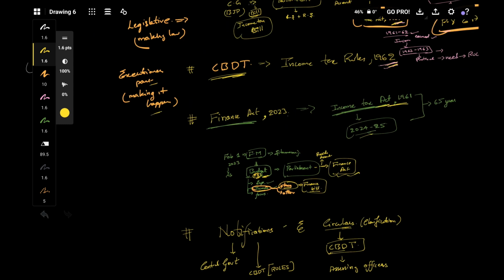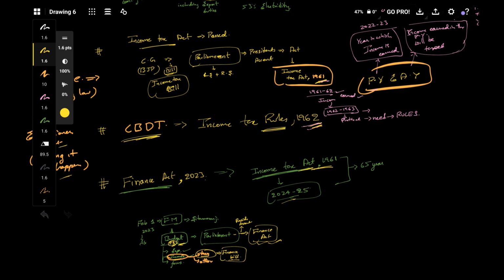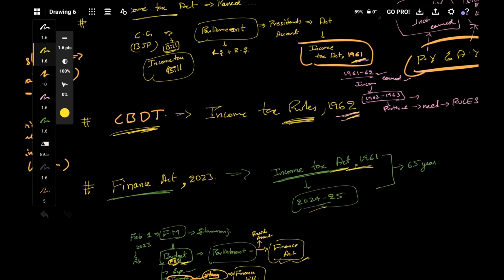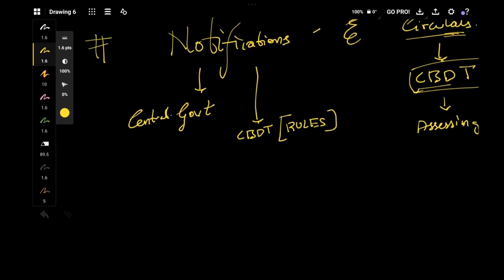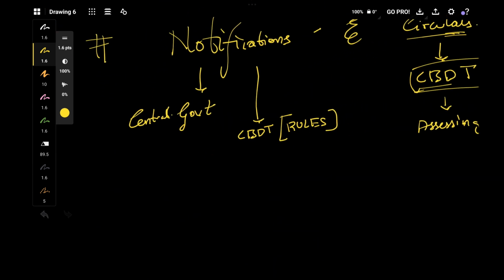We have these income tax rules, right? So regarding these income tax rules, CBDT can issue notifications too. What do you mean by notifications? Notifications are nothing but they notify from when a provision will apply basically.